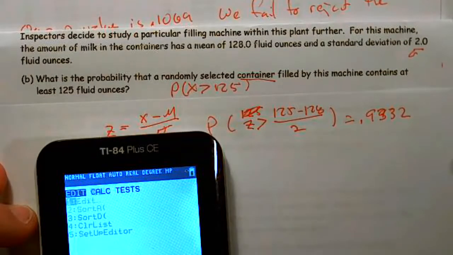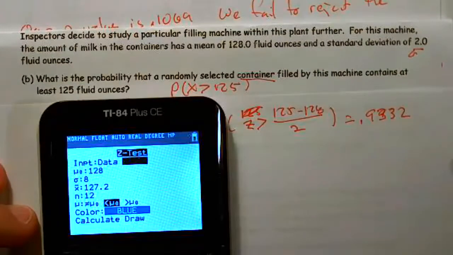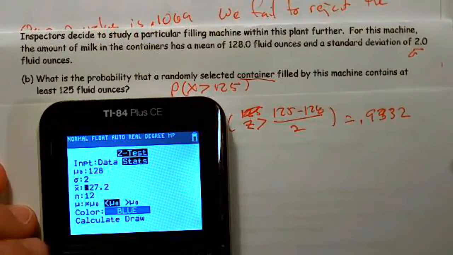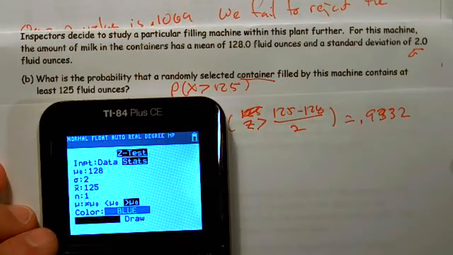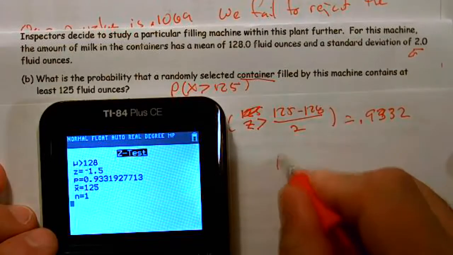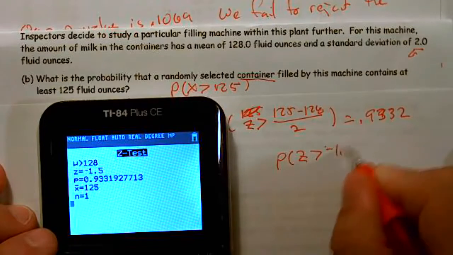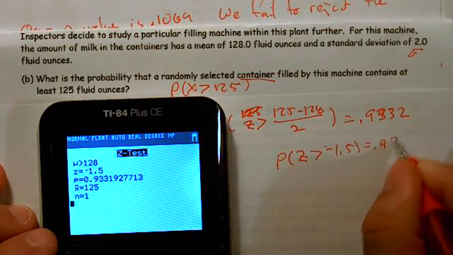If I'd gone to stats test and ran this as a z-test, my mean is 128, my standard deviation is 2. My x bar is actually just a singular value, but it's still 125. But my sample size is size 1. And if I go to calculate, I end up with the probability that z is greater than negative 1.5 equals 0.9332.